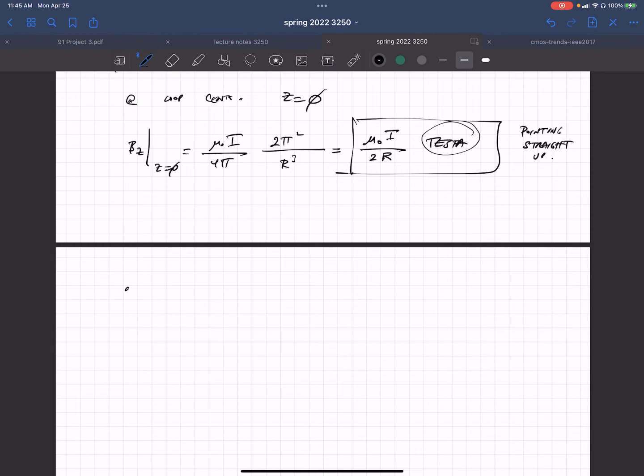The other place we want to look at is z goes to infinity. What does it look like? As z goes to infinity, B goes to mu naught I pi r squared over 2 pi z cubed.